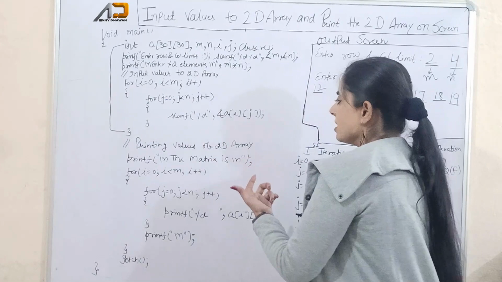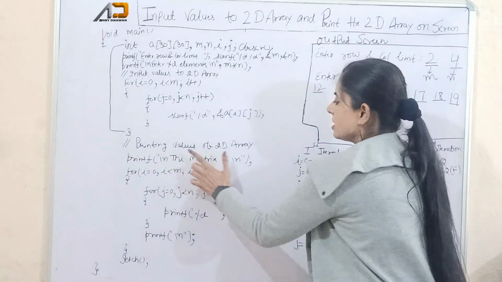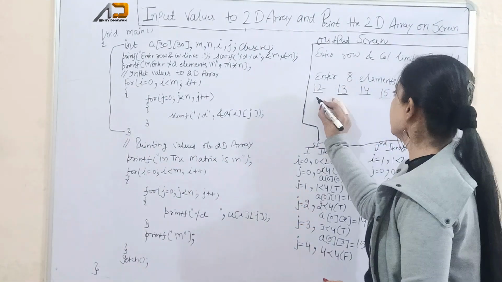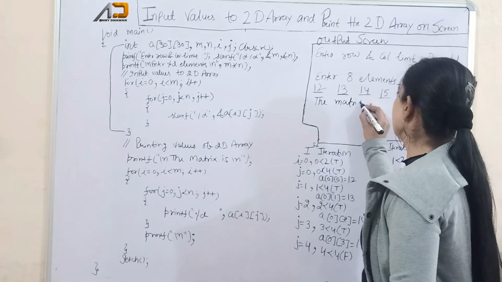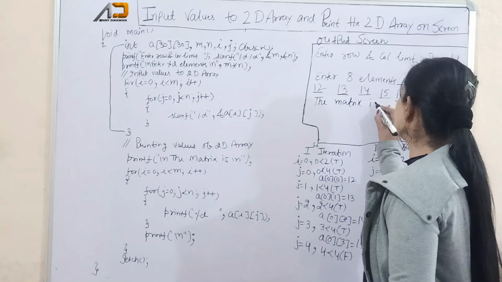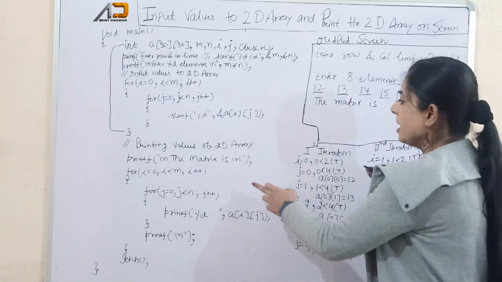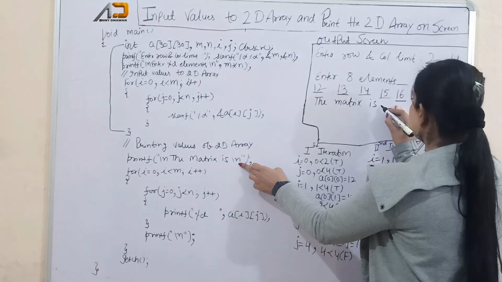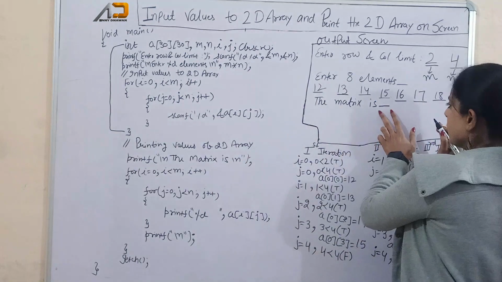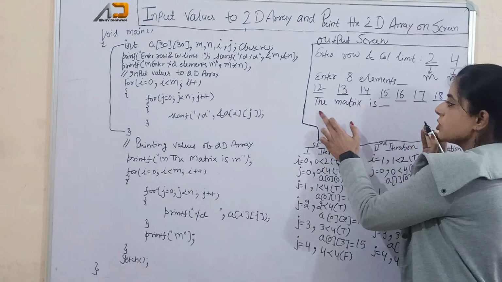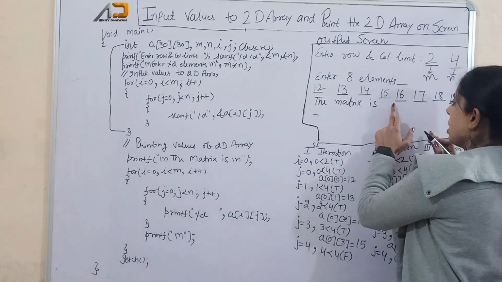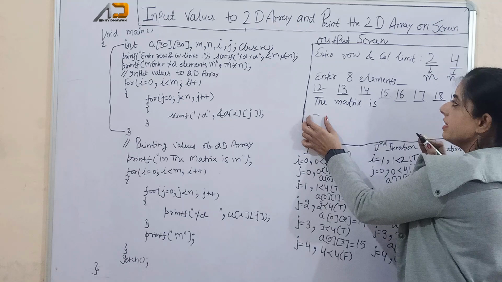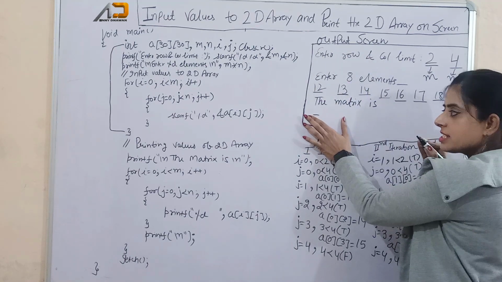It just prints the string enclosed in this double quotation. That is, this printf function will print the string the matrix is, and this slash n moves the cursor from this current position to the beginning of the next line. Now the cursor blinks here on the output screen.